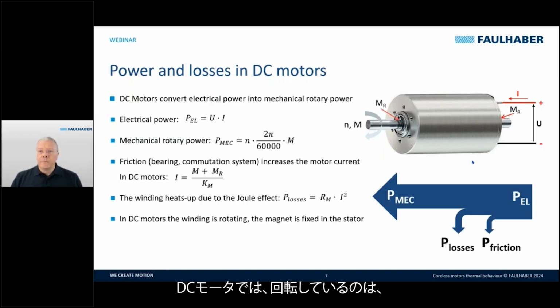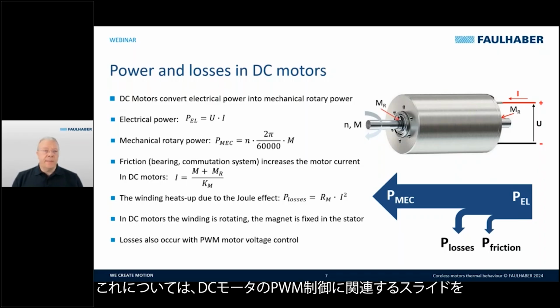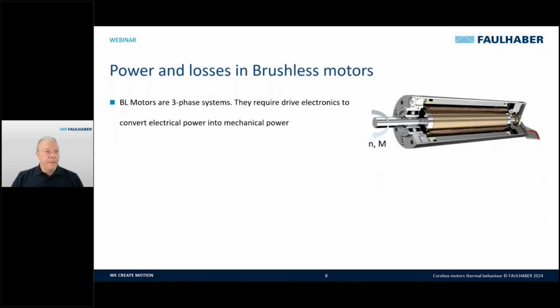In a DC motor, what is rotating is the winding inside the air gap between the housing and the magnet. The magnet is fixed to the stator. There are also other losses. We will have one slide about this related to the PWM control of DC motors, typically when you are using an electronic drive system.